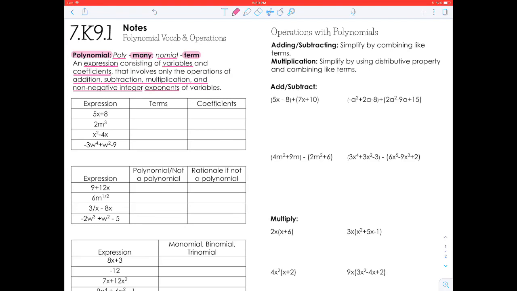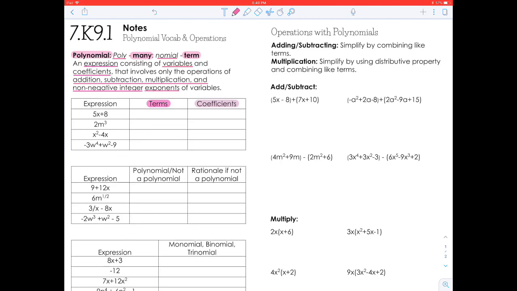Okay, so let's look at some examples of expressions, and we're going to break them up into some vocab that you're going to hear a lot with polynomials, and that is terms and coefficients. Our first expression is 5x plus 8. This expression has two different terms.